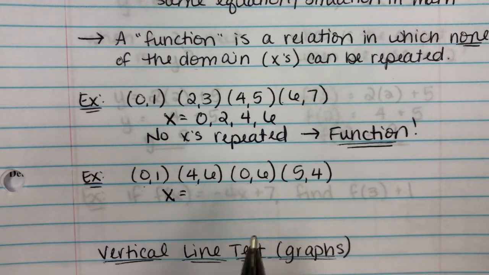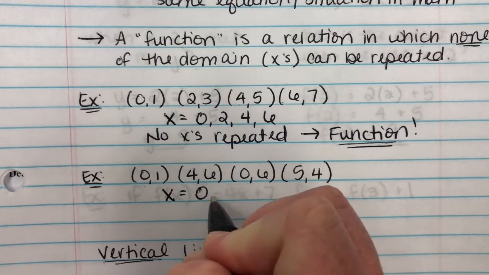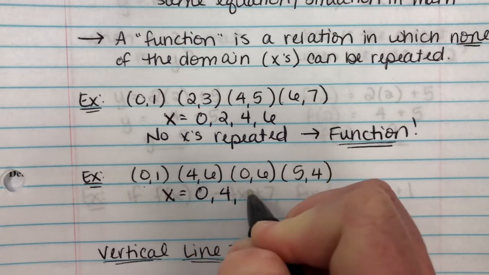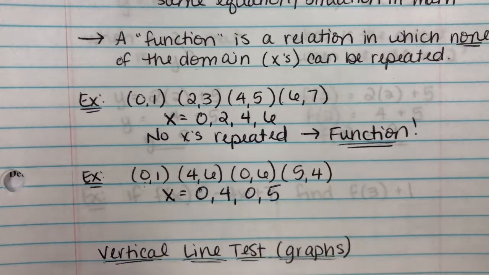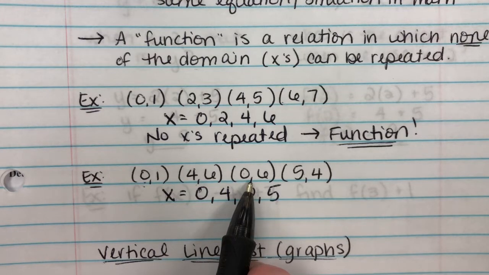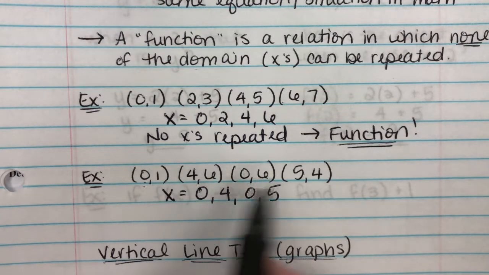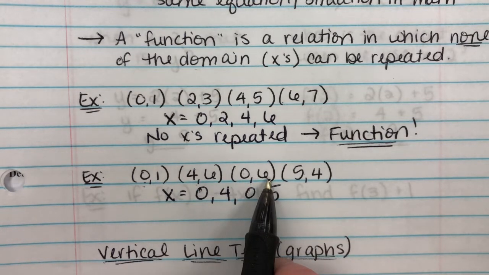But to determine if something is a function, we're just looking at the x's. And I'll show you in a minute why that works out with the vertical line test. So here our x's are 0, 4, 0, and 5, the first number in each ordered pair. Do any of those numbers repeat? Yes, they do. So when x is 0, I get 2 different answers for y. When x is 0, y could be 1, or when x is 0, y could be 6.